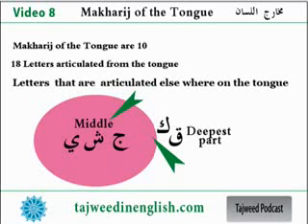The rest of the Arabic letters, if we say there are 28 or 29, are 4 from the lips and 6 from the throat, huruf al-halq. The rest, the 18, are from the tongue.